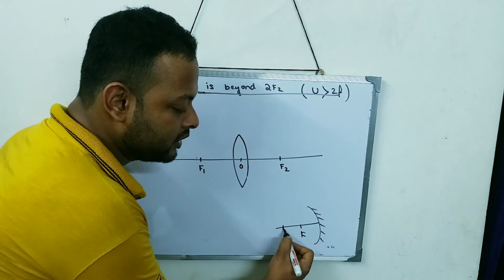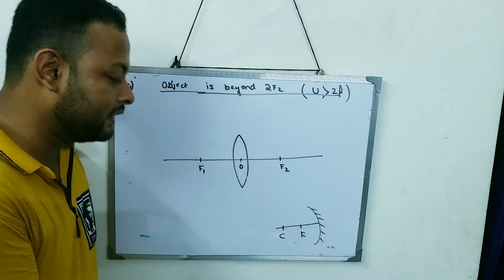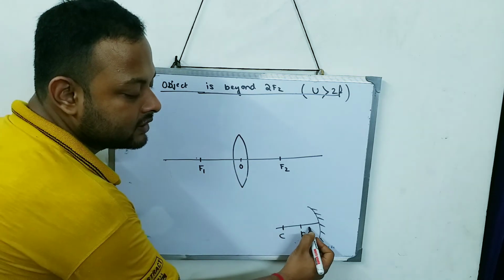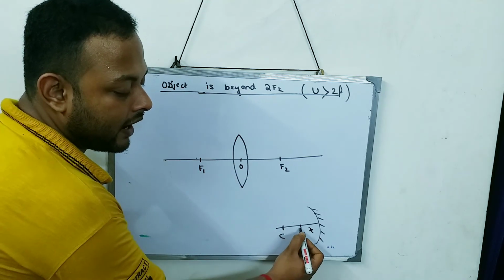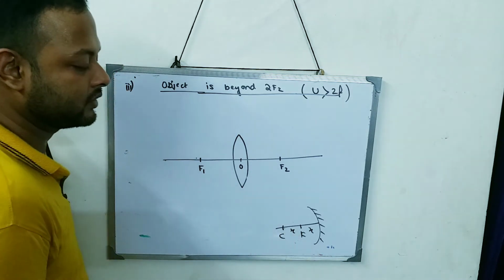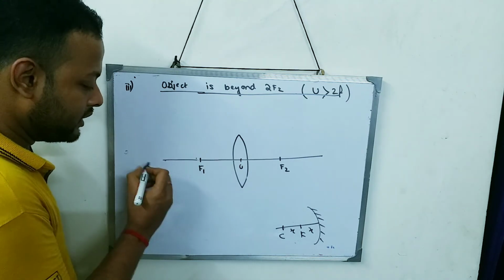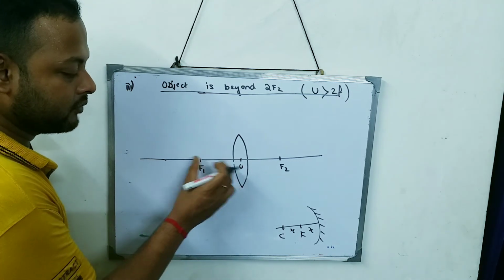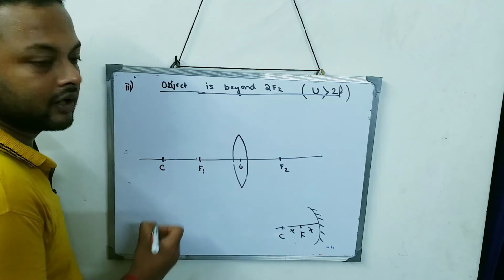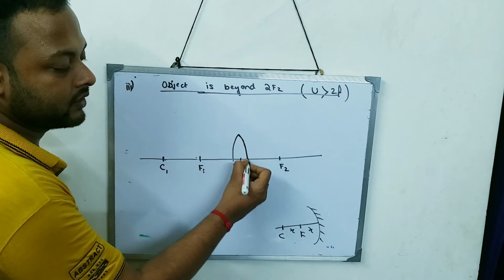After the focus, didn't we have the center of curvature? If this distance is x, we take another distance x from this side and it becomes the center of curvature of this surface.